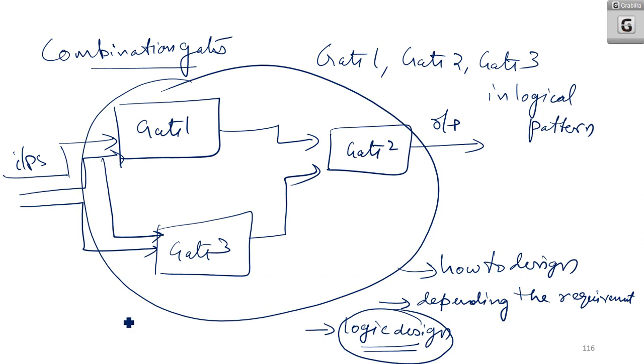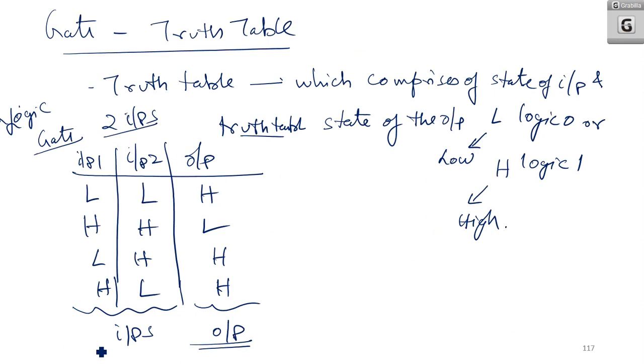From the next lecture we will be dealing with how to start with a logic design based on gates. Now, the inevitable element of a gate is the truth table. It comprises the state of the inputs and the state of the outputs. Input can be logic 0 or logic 1, and similarly output can be logic 0 or logic 1.